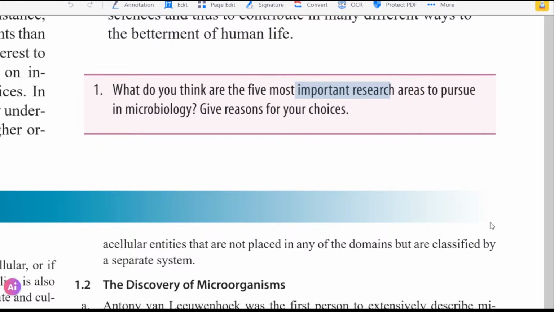Ecology, should we study about the ecology? Yeah, so microbial ecology is also important because the food that we take comes from the soil, and soil has how many microorganisms? 99%? No, sorry.